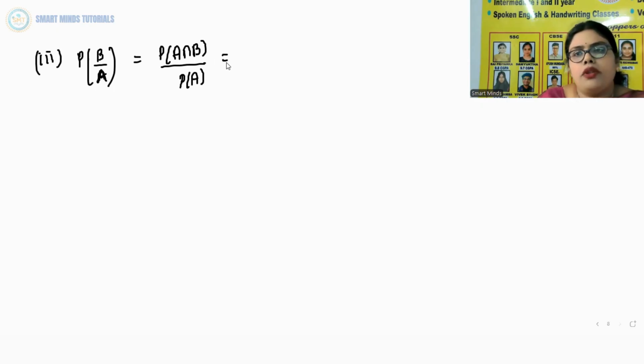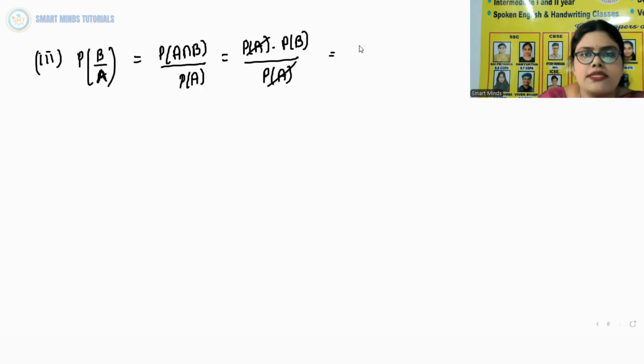Or we can do it in one more way. P of A intersection B can be written as P of A into P of B because they are independent events, by P of A. P of A cancels. We know that P of B is 0.7.